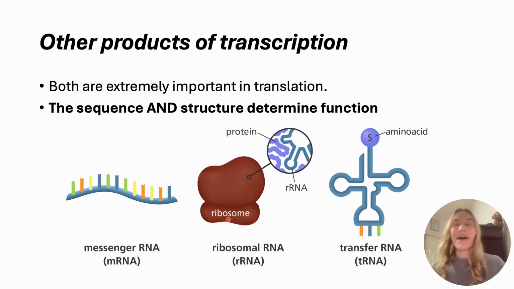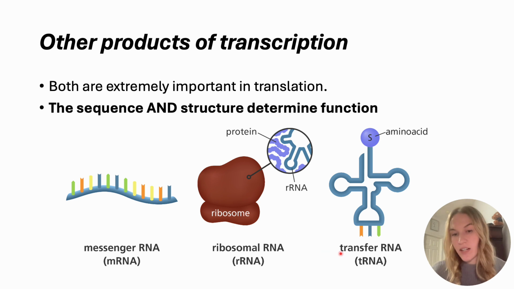In fact, it acts a lot like an enzyme because it catalyzes peptide bond formation, which sounds like a lot of big words, but it's catalyzing the reaction that puts two amino acids together. It forms that bond. And without that rRNA, it wouldn't be possible. And so it's not an enzyme because it's not a protein, but it has catalytic activity, so sometimes people refer to it as a ribozyme.